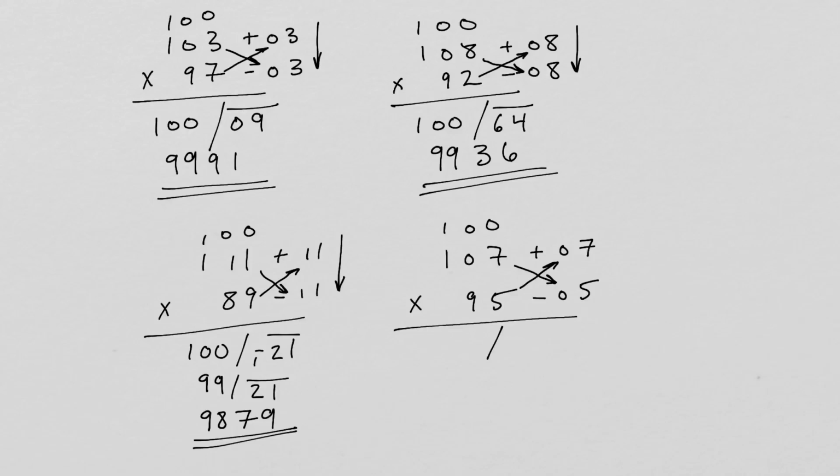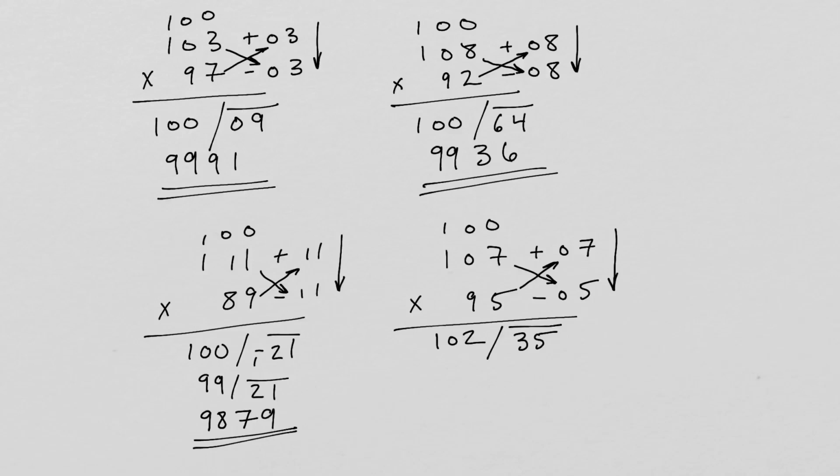That gives us 102. For the right-hand side, we multiply straight down. 7 times negative 5 gives us negative 35. So we write 35 bar.